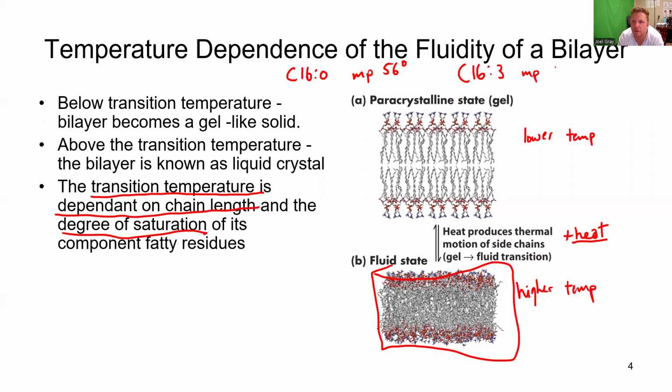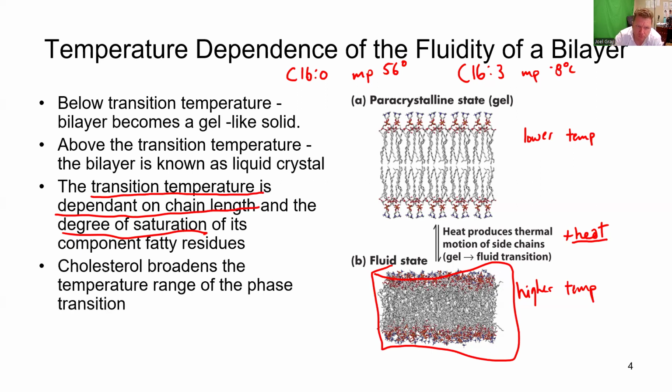What's our melting point for this? Probably going to be like -8 degrees Celsius. So fatty acids are sensitive to temperature change just as entire membranes are. Now, cholesterol will broaden the temperature range of that phase transition. Cholesterol is a compound, and you remember, cholesterol has 5 6-membered rings and 1 5-membered ring.